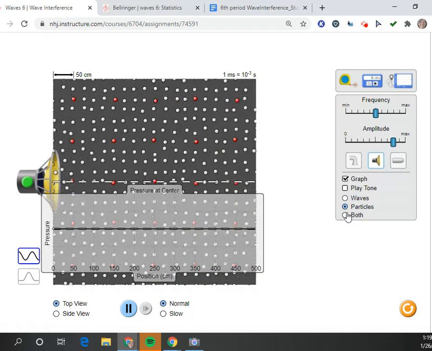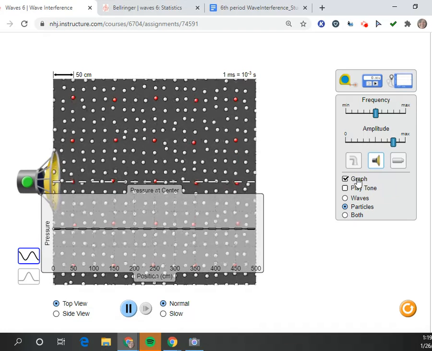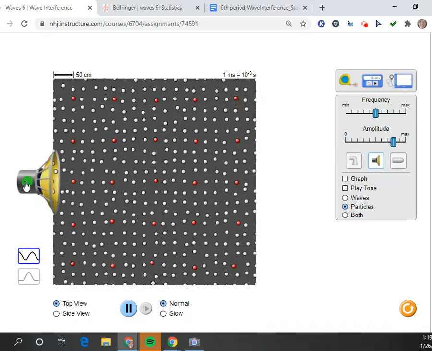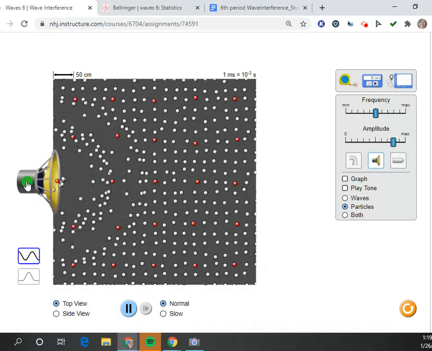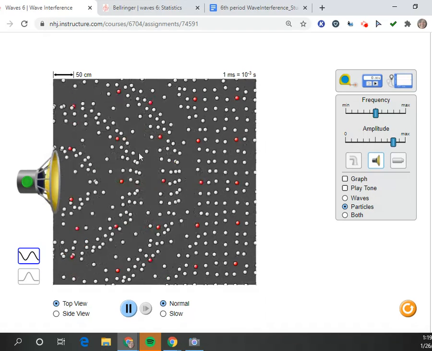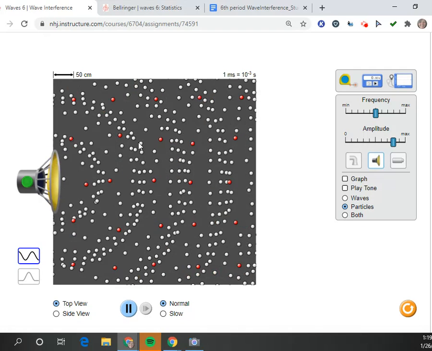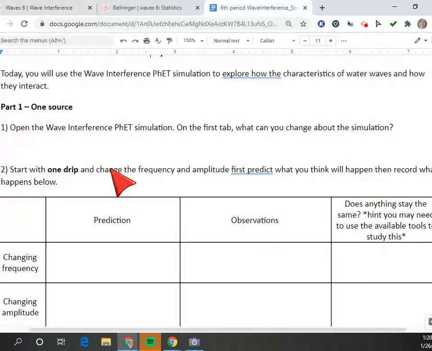That one's kind of fun because it shows particles in the sound one, and you can see how the particles crash into each other and then rarefact from each other. All right, let's go back. So you should answer something in number 1.